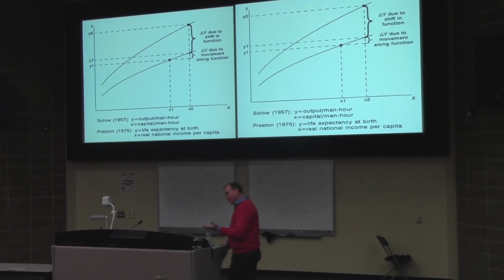The change over time, though, is a combination of getting more income, moving along the line, and the line itself shifting because of technology and organization that allows us to deliver better health with the same income. So it's technological change, in effect.